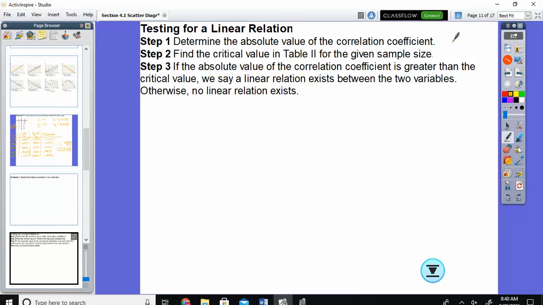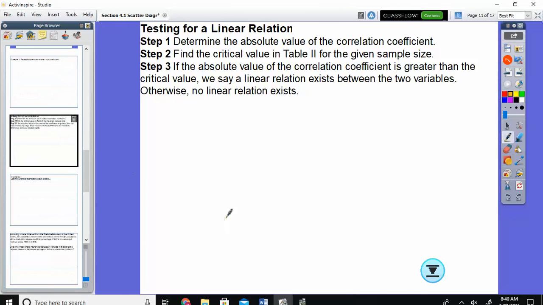So we just look at the positive, find the critical value in table 2, and if the absolute value of the correlation coefficient is greater than the critical value, we can say it is linear. Basically, as you throw in more points, that can affect your R value. So we can't just necessarily say it's got to be 0.9 to be linear. We have to have a way of determining that. And so there is a table that we will use to do this.